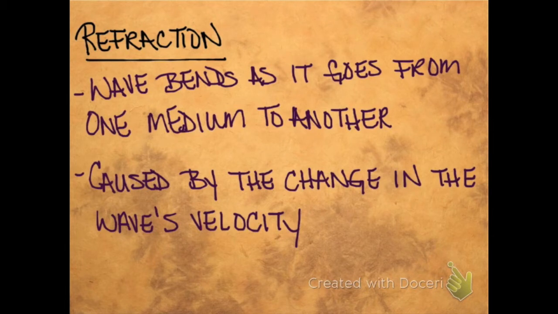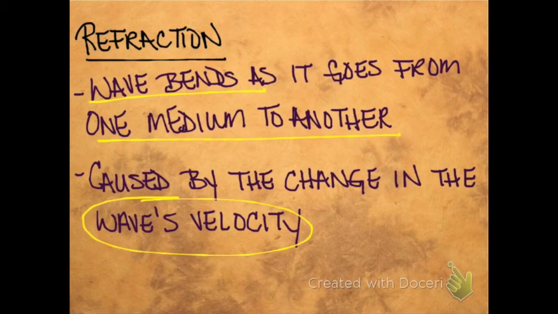So if you have a glass of water with a straw in it, you know how the straw looks like it's in a different position inside the water than outside the water? That would be refraction. So refraction is when the wave bends as it goes from one medium to another, and it's caused by the change in the wave's velocity. Also, the wave's speed. It's another way you could put that.